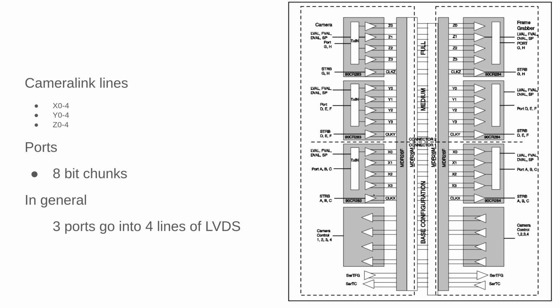Now, these are the physical lines, but they map to the documentation ports A, B, C. Each port is 8 bits. We have 3 ports, 8 bits, so that's 24 data lines. And then we have our control signals up here. So you'll see a bunch of 8 bits, and I'm assuming 8 bits is a nice character length. So I think that's why they grouped up all these data lines into 8-bit chunks.